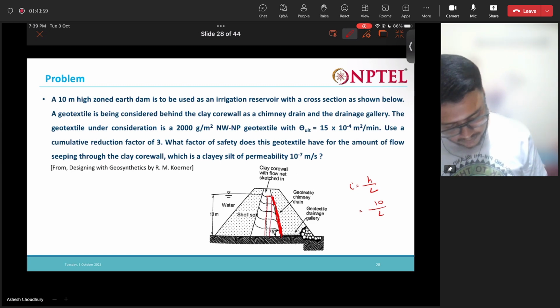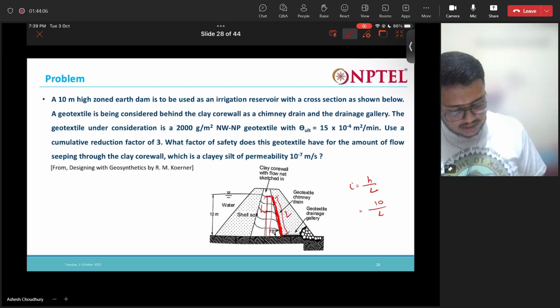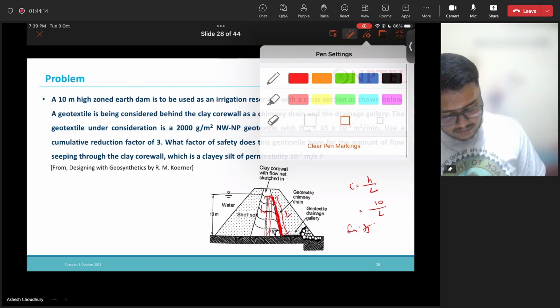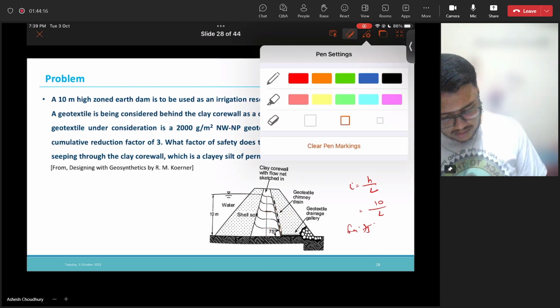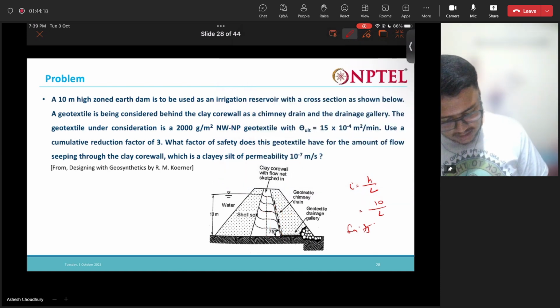So this is H and this is my L. If we consider this as a triangle, then this is h and this is l, so sine 75 is h by l. If we compute sine 75, we can get this i value.